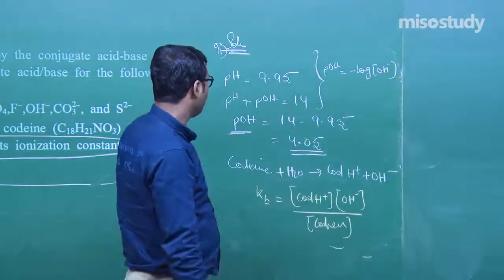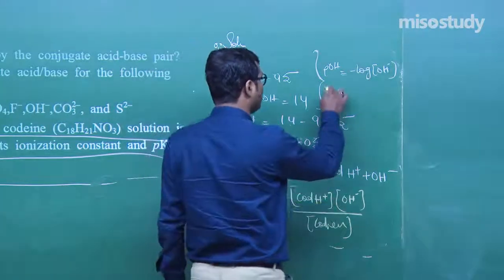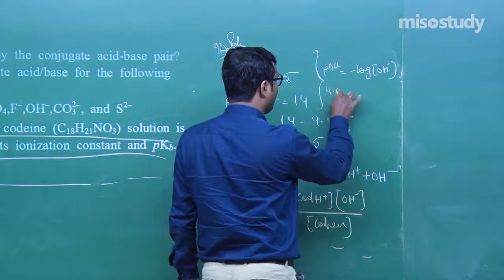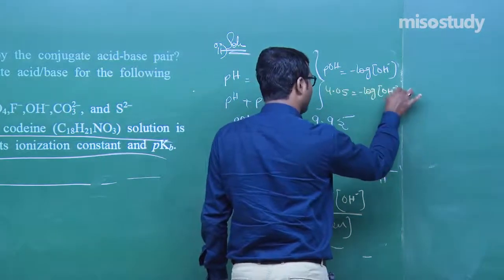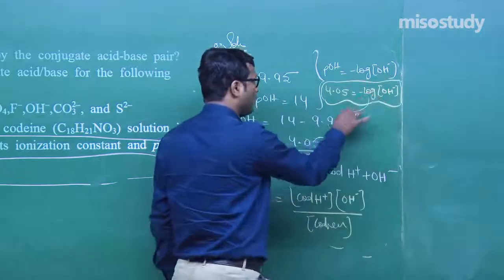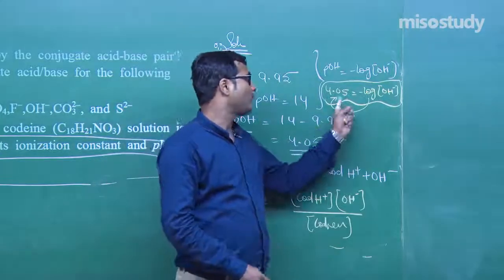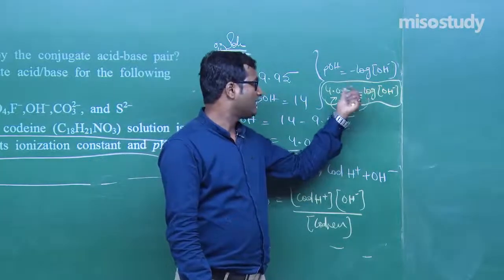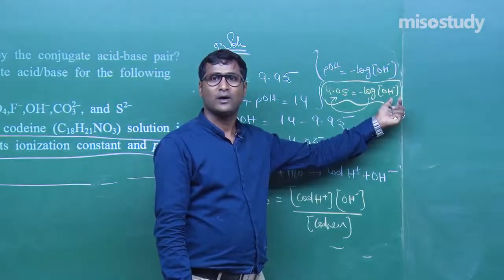Given here pOH is equal to 4.05. So 4.05 is equal to minus log [OH minus] ion. In exam, generally they provide you the data, otherwise log comes here and you get the anti-log. Anti-log of minus 4.05 gives you the concentration of OH minus ion.